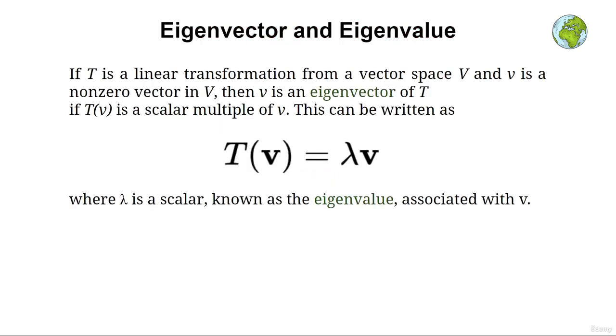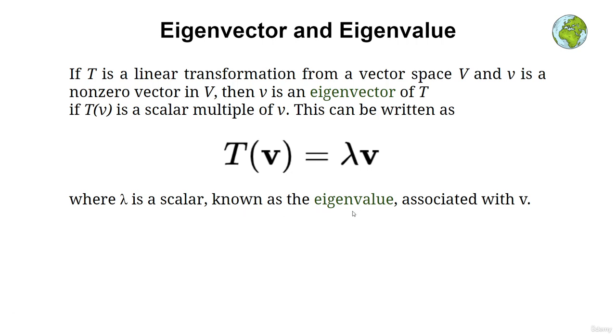So this is merely for formalization. If we have a linear transformation T from a vector space V, and V is a non-zero vector, then if this value T of V is a scalar multiple of V, then V is the eigenvector of this linear transformation T, and lambda is this scalar known as the eigenvalue.